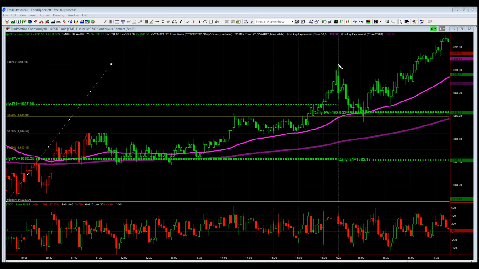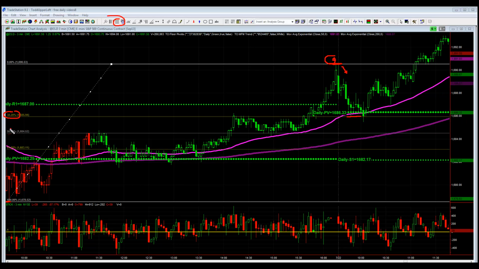The first 3-minute bar's high actually matched Friday's high, the all-time S&P high, right there. As you can see, the bars matched one another. Once the market started pulling down from that high, I took the Fibonacci tool on my TradeStation, started from the low of Friday, dragged it all the way up to this high, and you can see the 38.2% retracement was right in here.